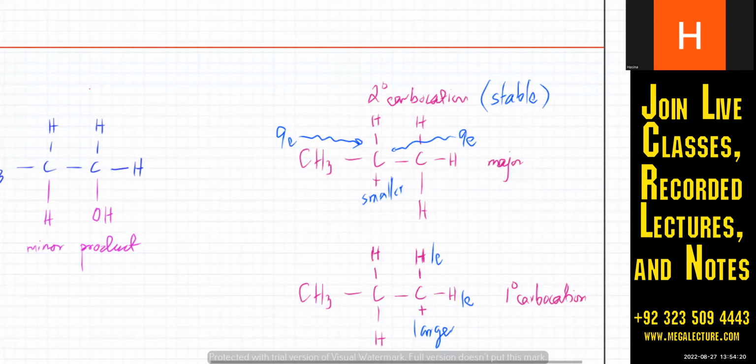So is this point clear, that you have 2 different carbocations forming? One of the carbons has a small positive charge, the other one has a bigger positive charge. This one is unstable.